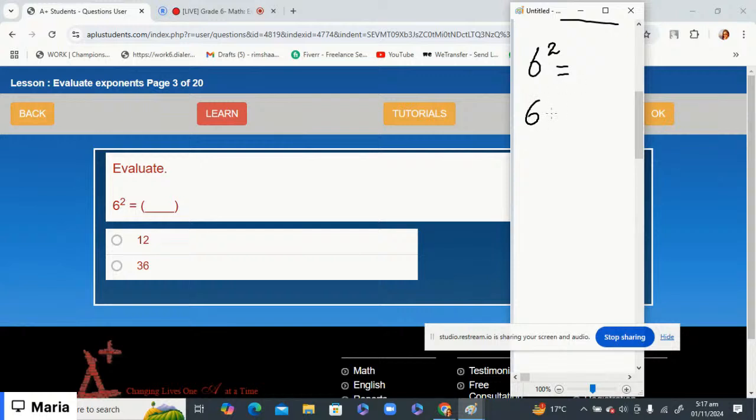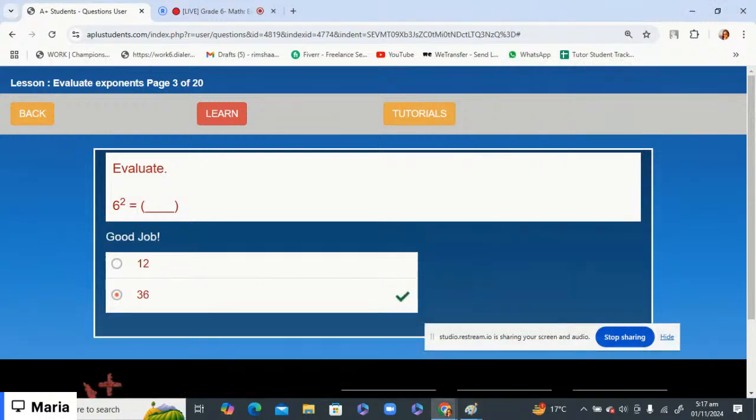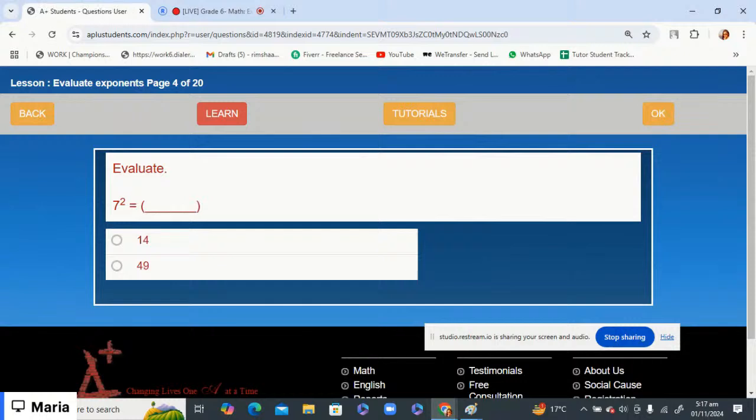Just putting 6 here 2 times. 6 times 6 is 36. Is there any answer for 36? Yes, it's right here. So, let's go with it. And this is the right answer. These are all for the power 2.